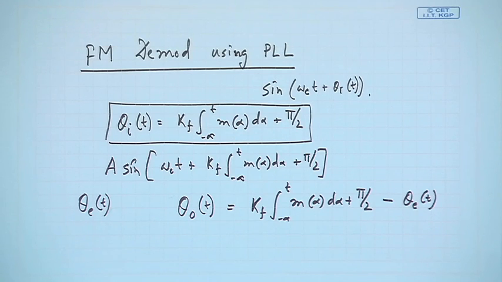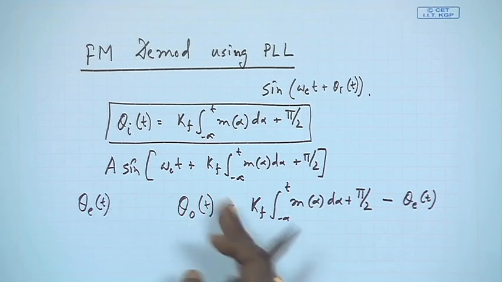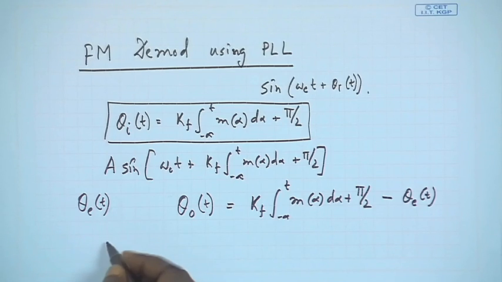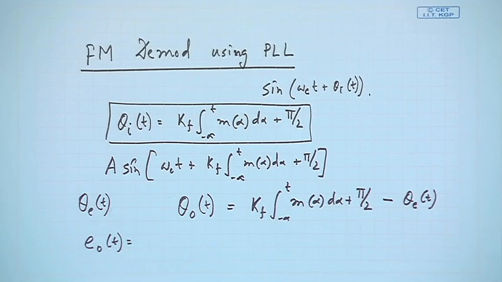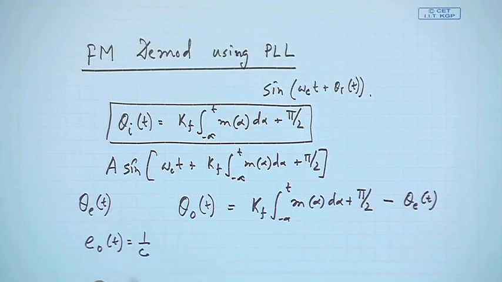But what we also know about this theta o(t) is, if we now try to see the error signal that is being generated by the PLL, that is e0(t), that is nothing but the differentiation of this output phase, with a factor 1 by c, which is the factor of the PLL. So, 1 by c times the differentiation of theta o(t).